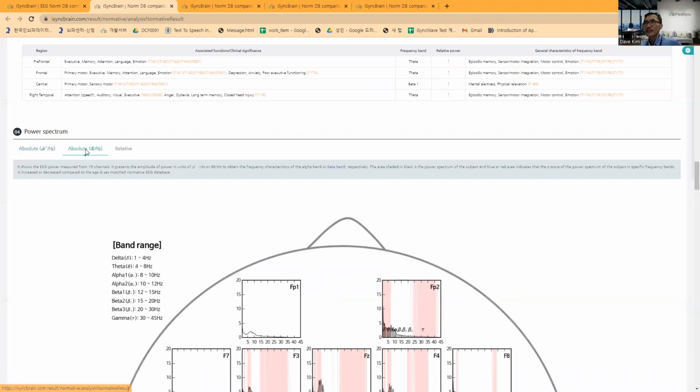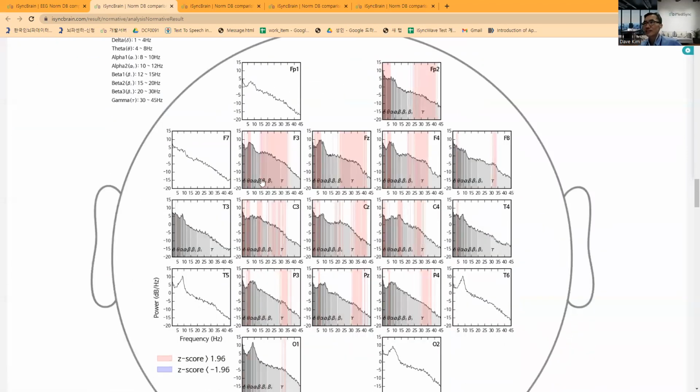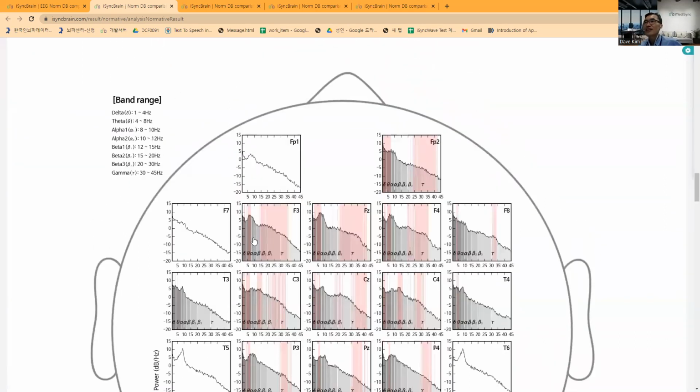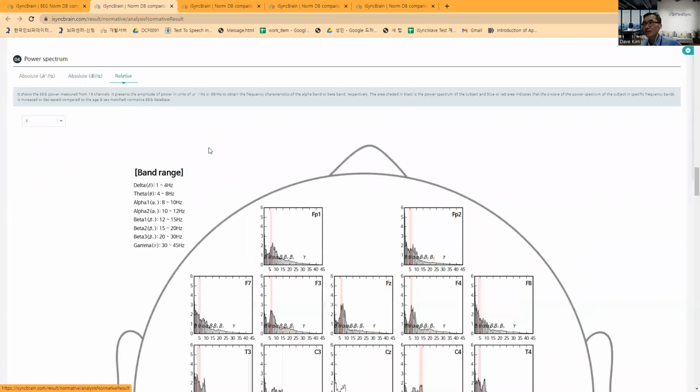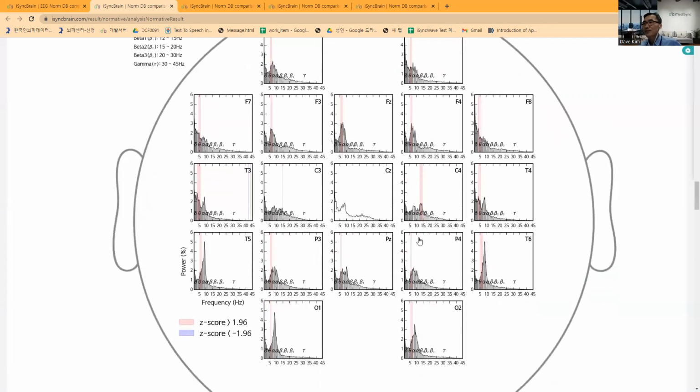And we can see in the frequency spectra, there is a slow wave activity, and in the central area there is a lot of SMR activity excess. And we can also see in the relative pattern there are slow frequency excess especially in the theta band, in the central area. The beta SMR band is excessive.